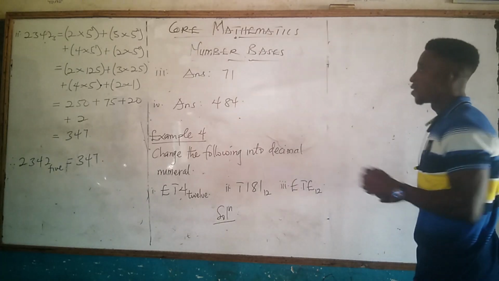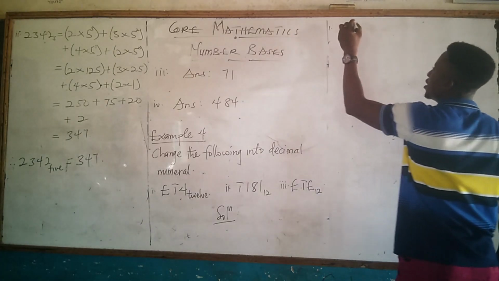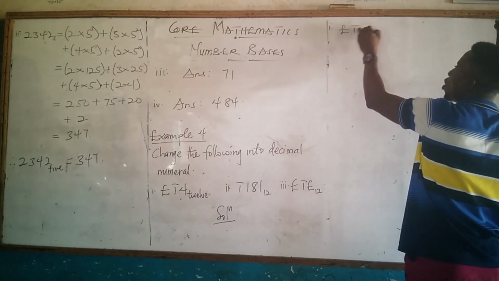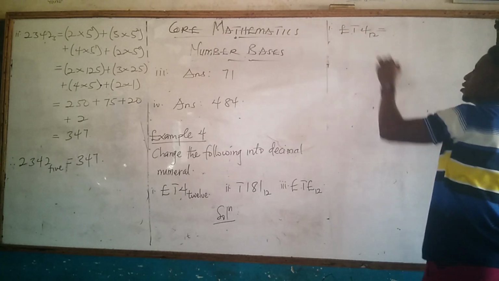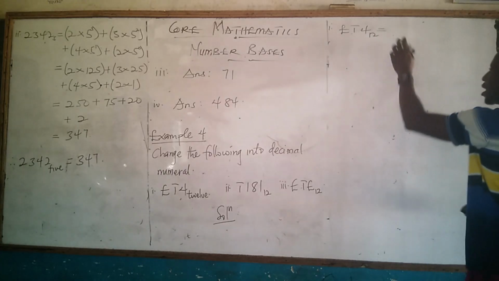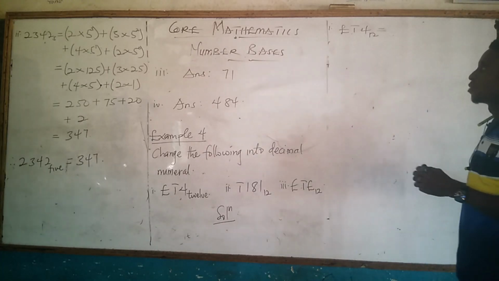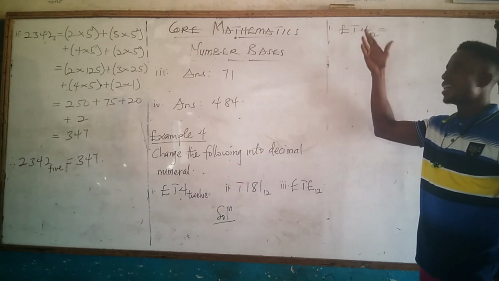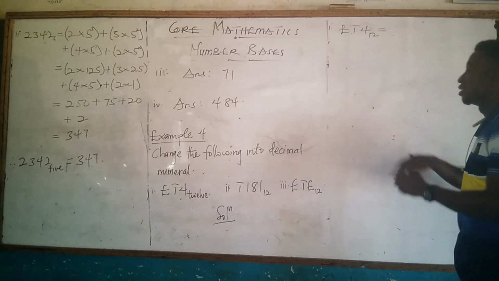So let's start with the first one, which is I. So I have ET4 base 12. And that one too can be written as, so we were taking the group by its place, it's the same thing.